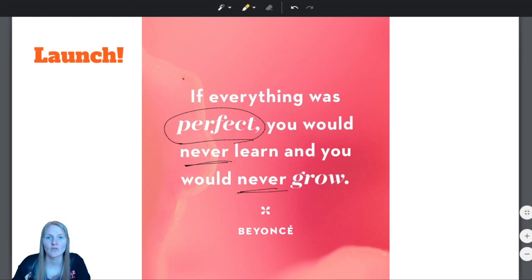So if you ever find yourself being unhappy because life isn't perfect, that's a good thing. Life is never going to be perfect, and that's a good thing. Because when life isn't perfect, when your friends aren't perfect, when your boyfriend or your significant other or your partner isn't perfect, that's a good thing.